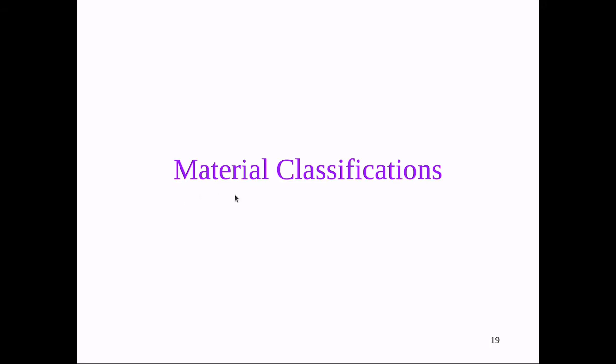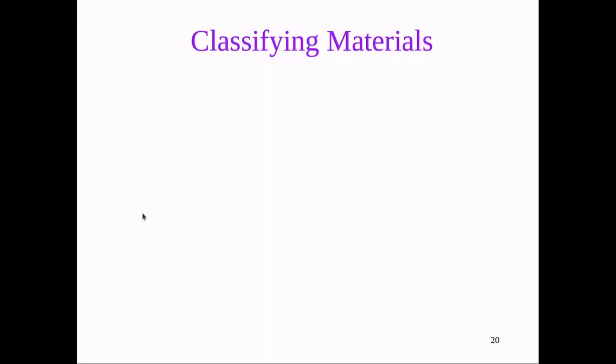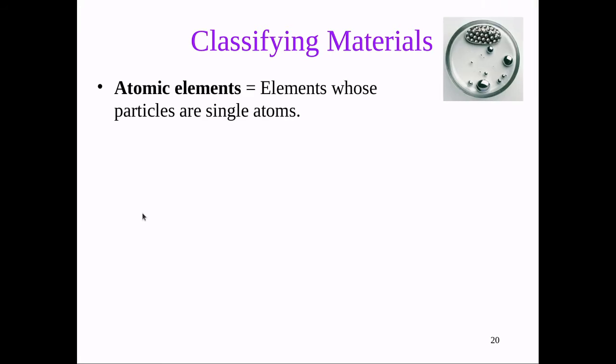In this video, we're going to talk a little bit about material classifications. We already made a distinction between elements and compounds in the last chapter. In this chapter, we're going to break this down into some smaller groups and be a little bit more specific. First, we have the elements that we've been thinking about so far, the atomic elements. These are elements whose particles are single atoms.